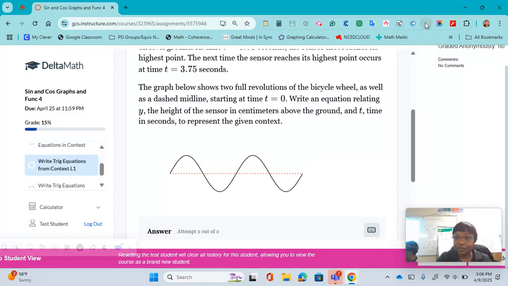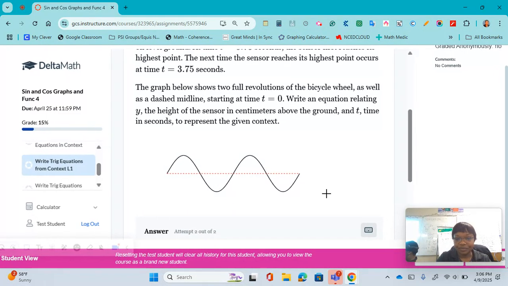Let me do this again. All right, y equals. We have the sine, we have the amplitude of 16, we have the period of 2 pi over 3x plus 16. Yes.